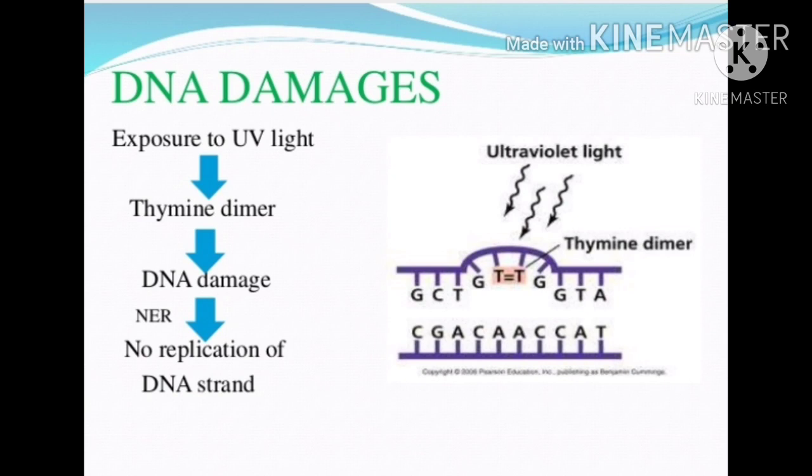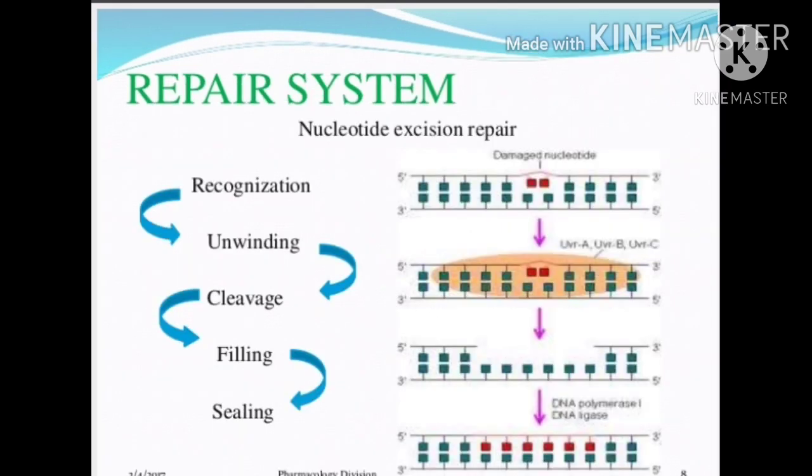So that thymine dimer has to be removed from that particular DNA. The production of thymine dimer as a result of exposure to UV light is simply called DNA damage. DNA damage has to be removed properly, and only then will that DNA be able to undergo normal replication. This slide explains the repair system that removes the thymine dimer.